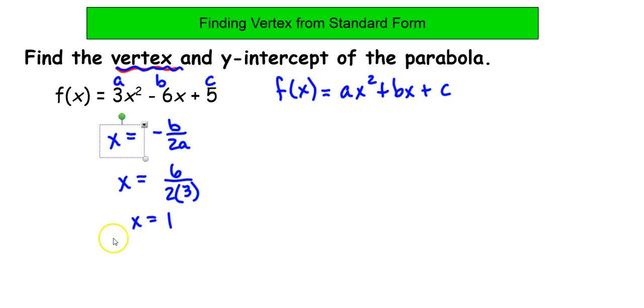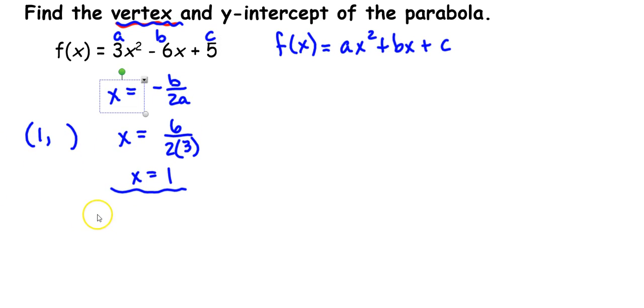So I found my x. I got to go find my y-coordinate. And I do that by plugging in 1 wherever I see an x. So let's recopy instead of an f of x. It's the same thing as saying y. So y equals 3 times 1 squared minus 6 times 1 plus 5.